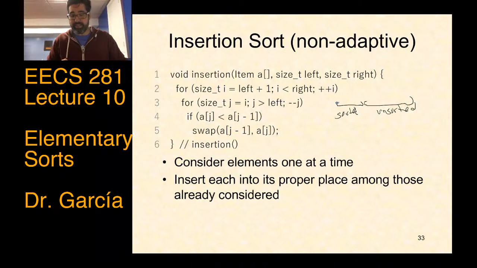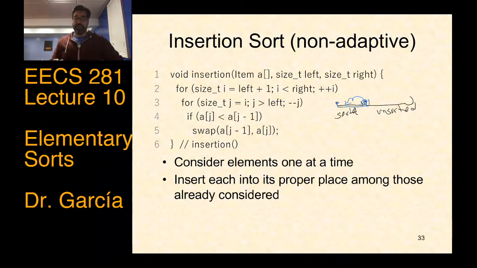So the next step, it would say, all right, I'm going to add another element from the unsorted section to the sorted section. And by add, it's really just increasing the pointer to look at the next element, and then seeing where this single element's rightful place is amongst the sorted part of the array.